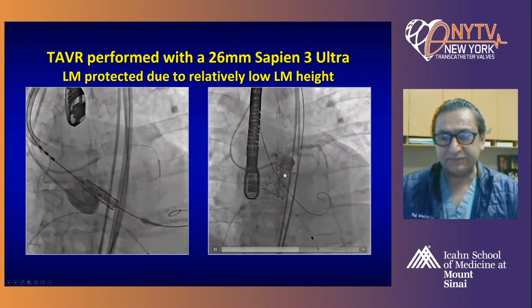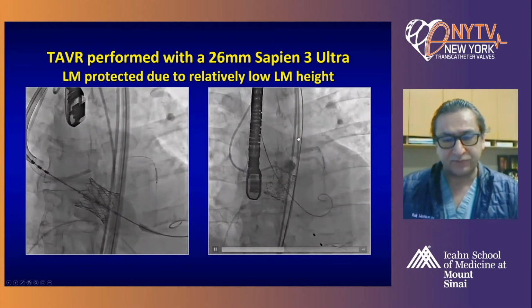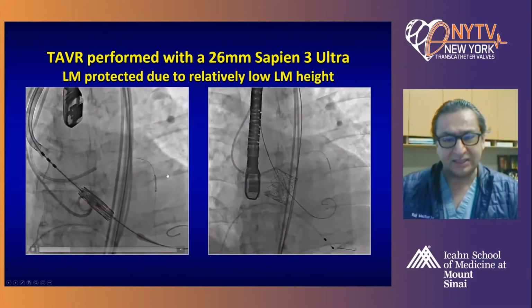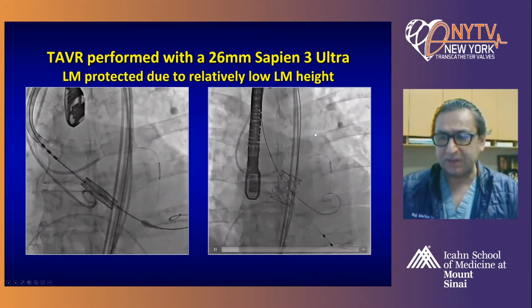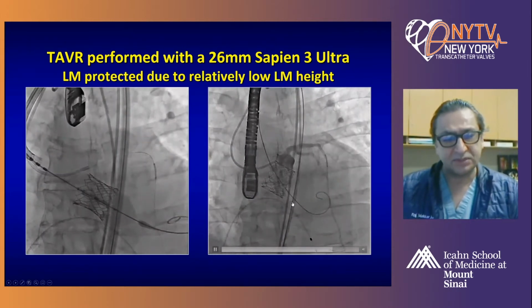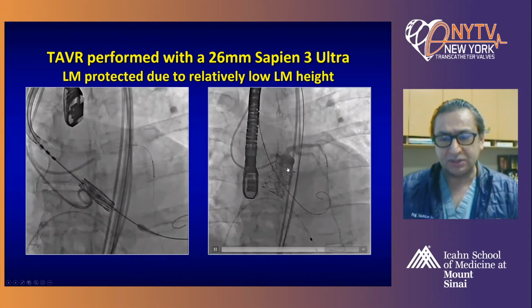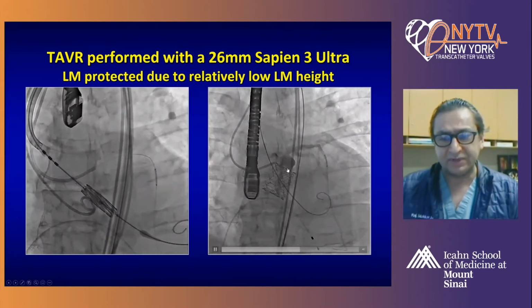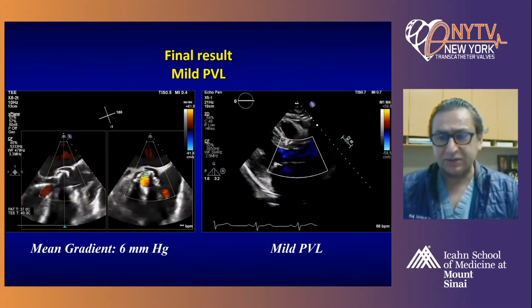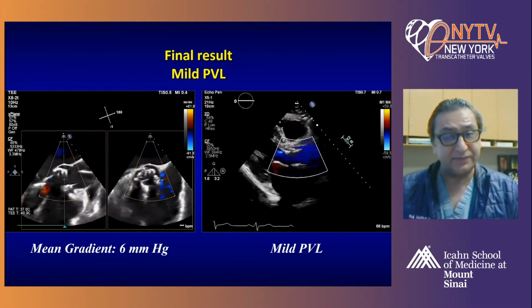As you can see, the valve is quite a ways away from the ostium of the left main. And although we protected the left main ostium, we did not have to use a stent. We feel that this patient may also be, in future, a reasonable candidate for TAVR in TAVR down the road. This is the echo that showed mild paravalvular leak.